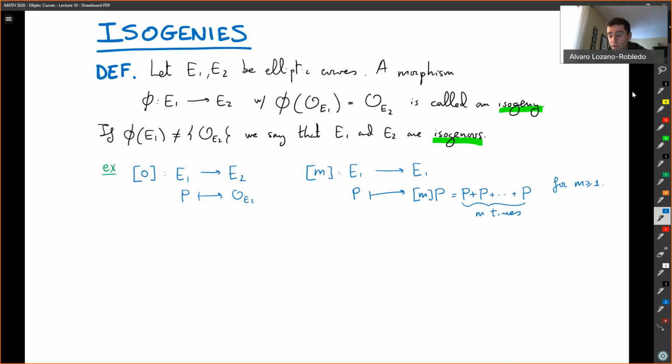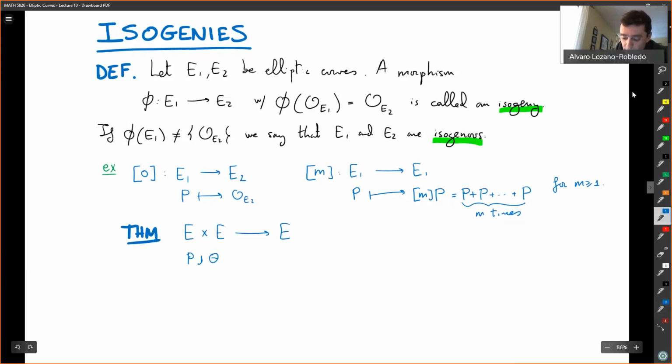Those are isogenies. By the way, something that I didn't actually prove, but which is a theorem in Silverman, is that the map from E cross E to E that is addition, where P and Q is sent to P plus Q, is a morphism.